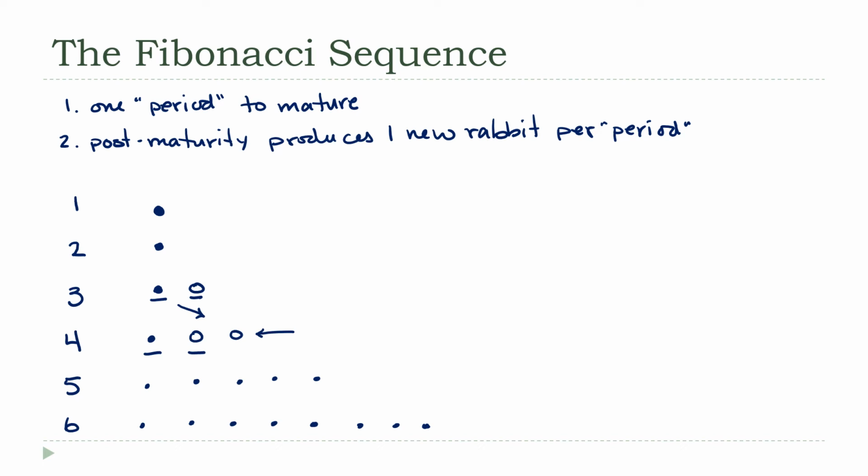Now try looking for a pattern. Every period is made up of the rabbits from the previous period plus an additional number equal to the number that were in the period 2 steps back, because those are also now old enough to reproduce.